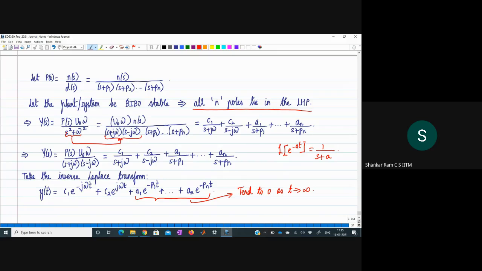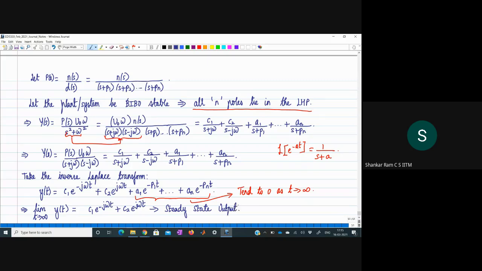So consequently, we get something very interesting, right? We universally see that as t tends to infinity, the value of y of t is going to be equal to C1 e power minus j omega t plus C2 e power j omega t. Okay, so this is what we call the steady state output, right? I hope the reasoning is clear.